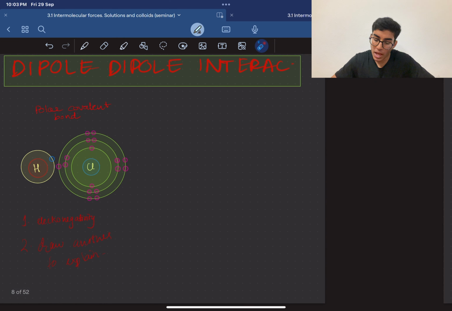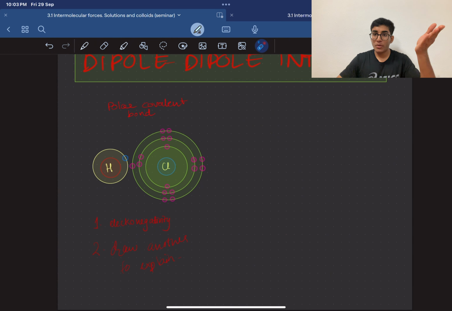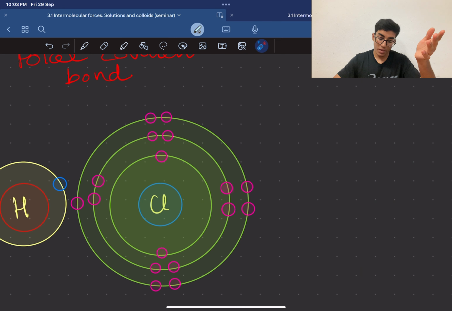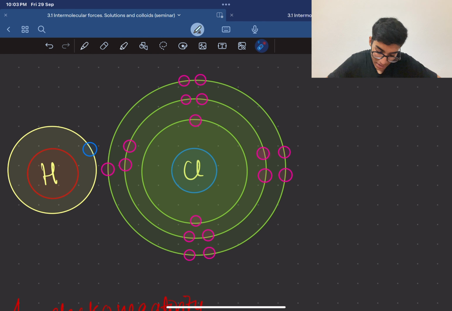Let's talk about dipole interactions. Dipole interactions, very simple. They happen between polar covalent bonds. Now let's consider HCl, a polar covalent bond. Let me explain this again. We see chlorine has 7 electrons in its outer shell and needs 1 more electron to complete its octet.